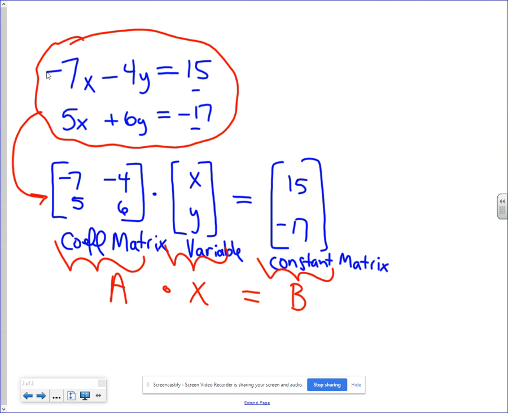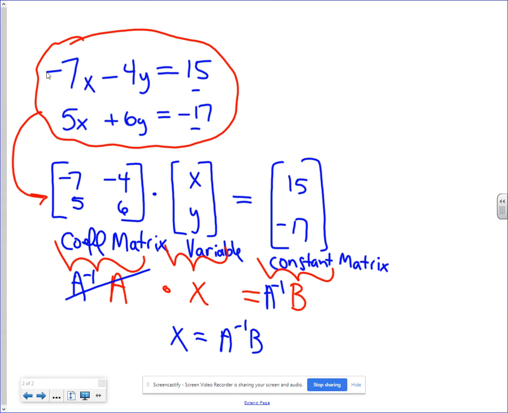We want to solve for X. So we want to get rid of the A. So what we need to do is multiply both sides by the inverse of A. These cancel out. So X is equal to the inverse of A times B. So today, to solve a system of equations using matrices, we're going to use the multiplicative inverse.